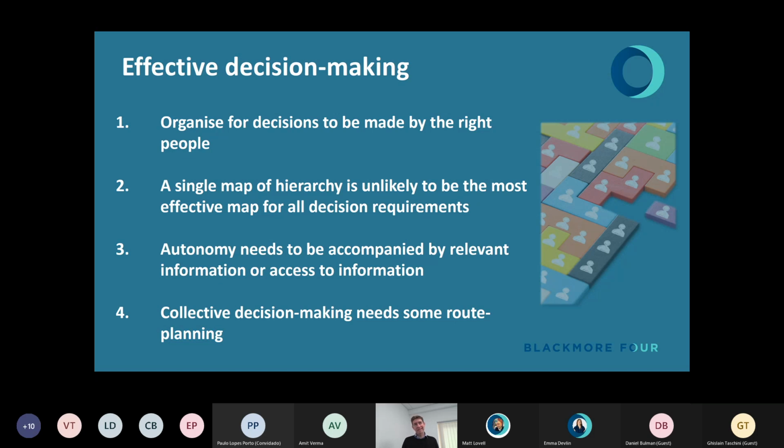And then there's collective decision making, where we require people from different teams, different functions, possibly different business units, to interact to be able to make some decisions, especially if they're more significant, more complex decisions. It's not enough just to say, here's the expectation, we expect you to all talk with each other. I refer to it in the slide as route planning.